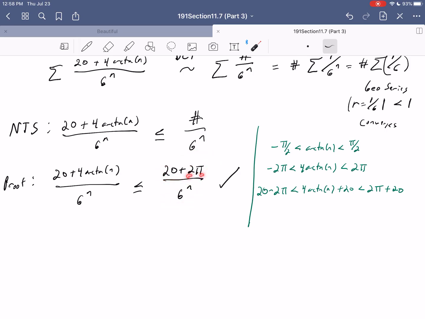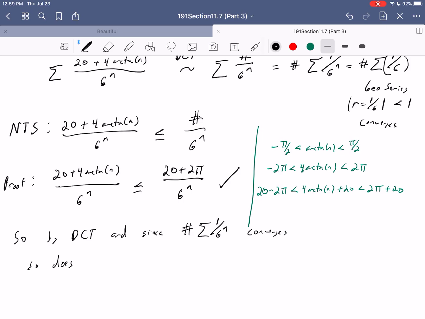I mean, 2 pi is like 6 point something, so this is just like 26 something. So certainly our terms are less than a number divided by 6 to the n. So by DCT, and since a number times the sum of 1 over 6 to the n converges, so does the sum of 20 plus 4 arctan n over 6 to the n.